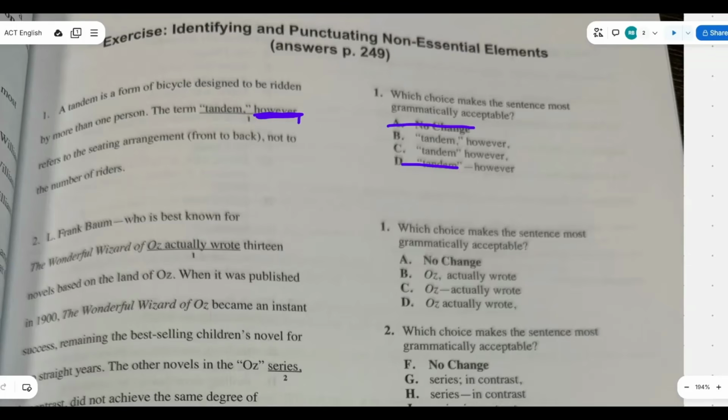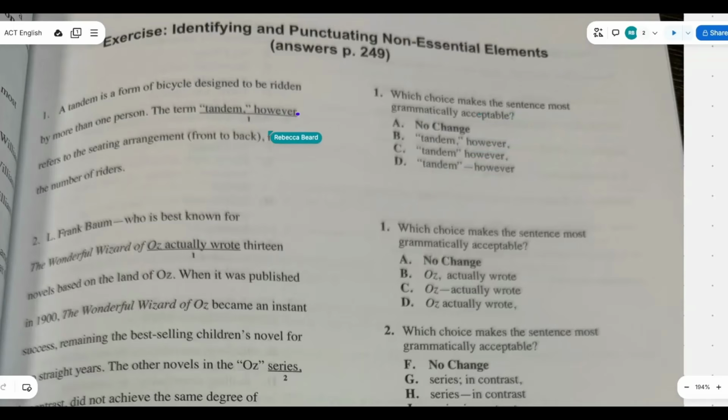On this one, and I'll go into some others in just a second, B is going to be the correct answer. This comma right here is just additional information, so we're going to ignore that comma. The main focus is that however is your non-essential clause, and you can cross it out. So the answer is going to be B. Now, you're probably thinking, well, why isn't it C?